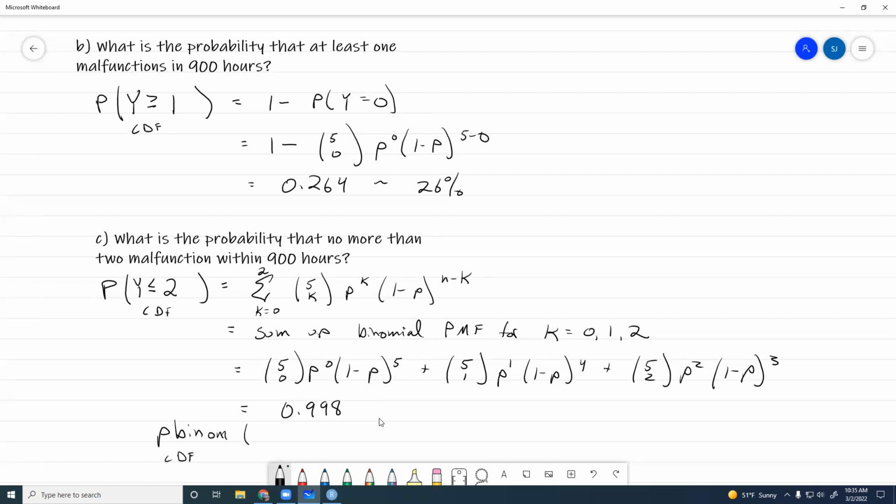Always good to check in R, or you can just do it straight in R. I don't care. Note that you won't have R on an exam, so just keep that in mind. It's always good to practice these functions. This will give you the same result, the cumulative probability up to that value.